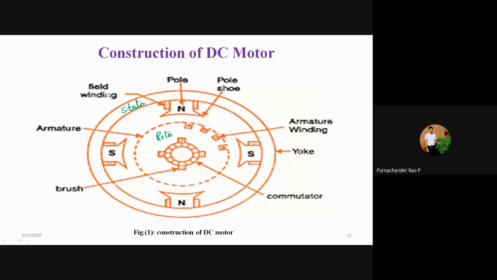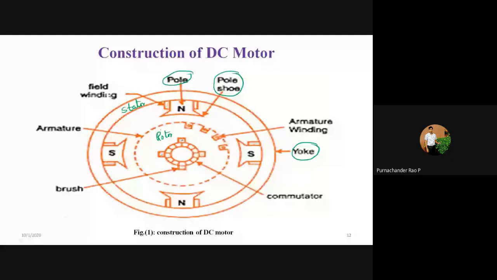The stator consists of, again, the yoke, okay, this one, and next it consists of poles, and then pole 2, and next the field winding on the stator.